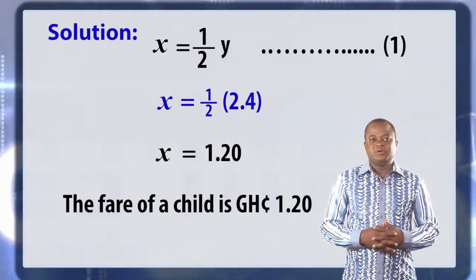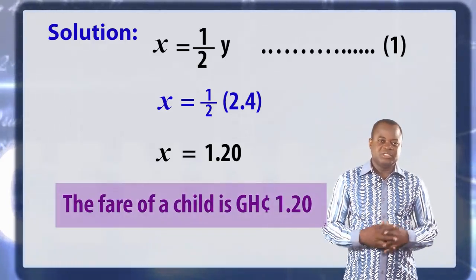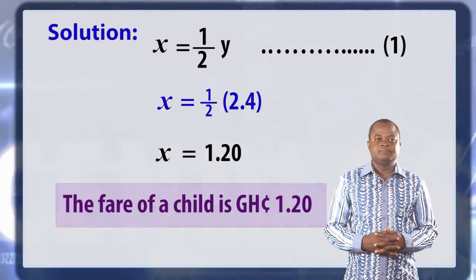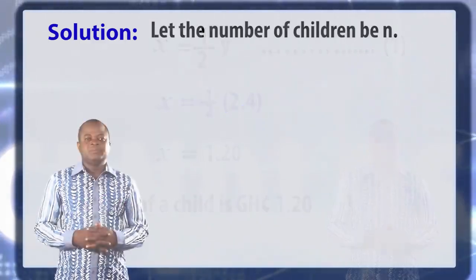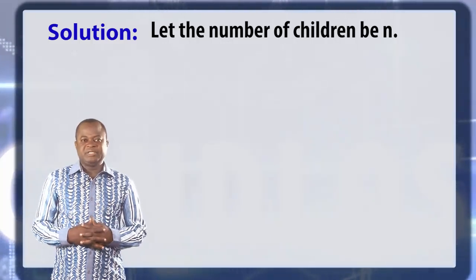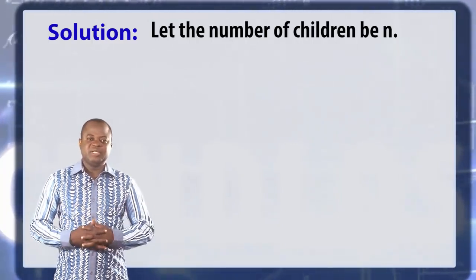The fare of a child is therefore 1 Ghana cedi, 20 pesewas. Now for the second question, let's make n represent the number of children.